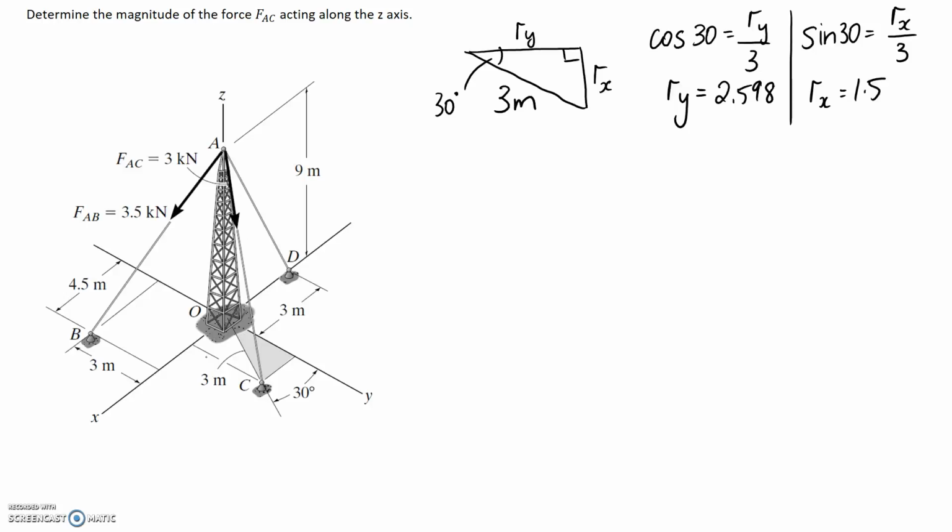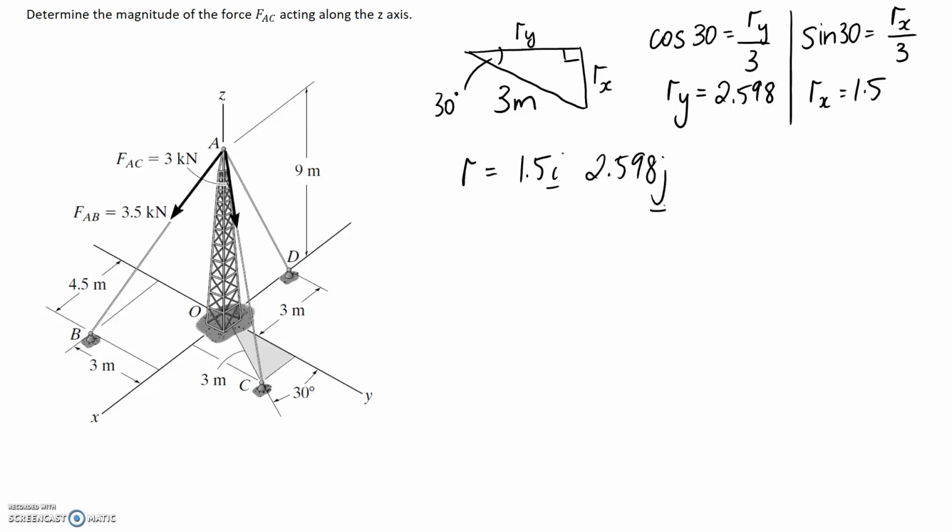So let's move on to writing out our distance vector. I'm going to call this r, and we'll say it's equal to the x component, which is 1.5. And we need to think about whether it's pointing in the positive or the negative x direction. This time it's pointing outwards from the x direction this way, so it's going to be positive. We know the y component is 2.598.